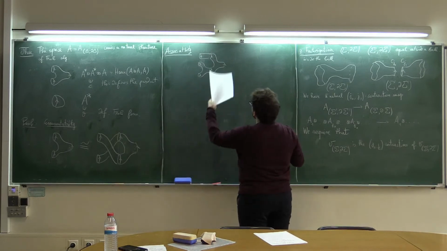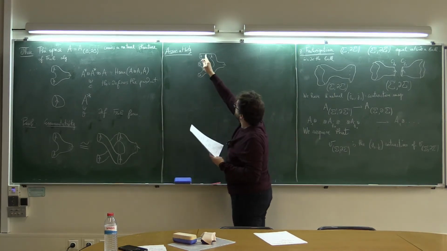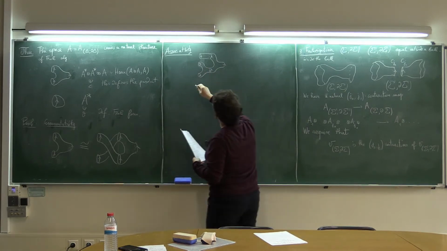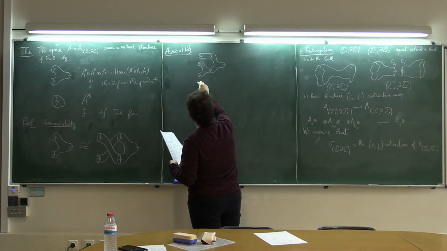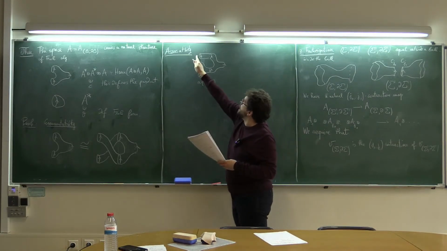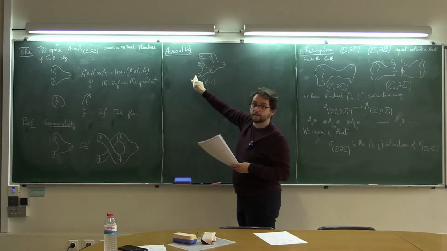So this pair here is identity, multiplication, multiplication. So what is that? This is just this. Here A, here B, and here C.